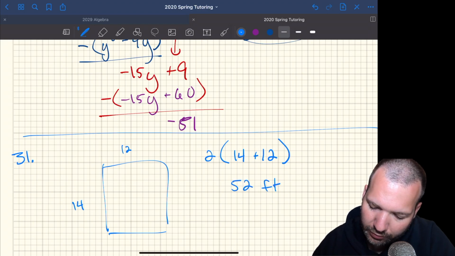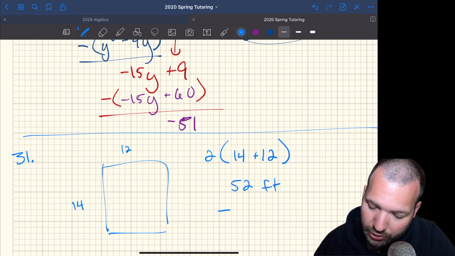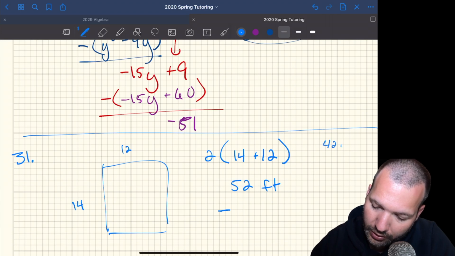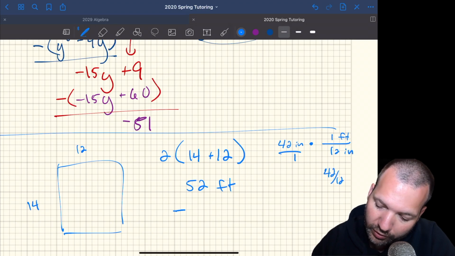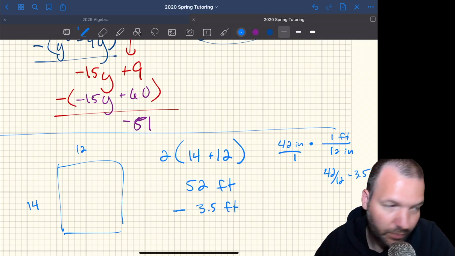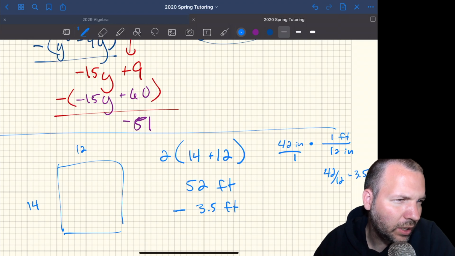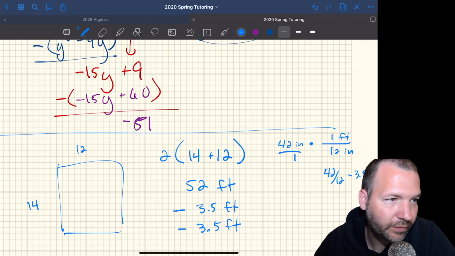So we have a 52-foot perimeter, minus 42 inches, which we would need to convert by remembering that 1 foot is 12 inches. So if you do 42 over 12 in your calculator, you get 3.5. So minus 3.5 feet, minus another 42 inches for some kind of door. Well, fortunately, we already know that's 3.5 feet.